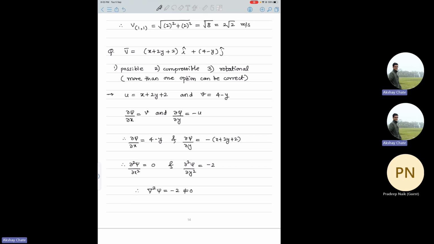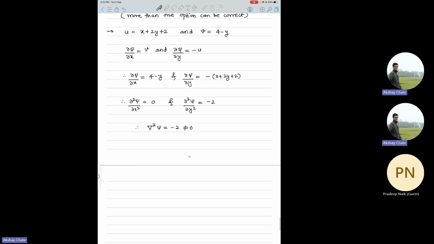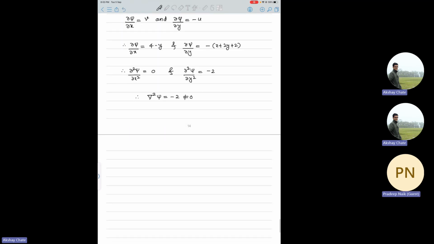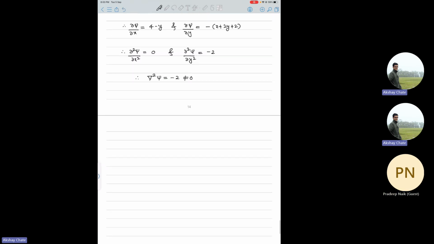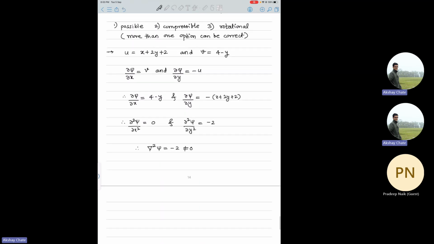It should be compressible, right? Oh, sorry, compressible. I think this is 0 probably. The double derivative with respect to y square, instead of minus 2, should be 0 probably. Wait, we'll check that.